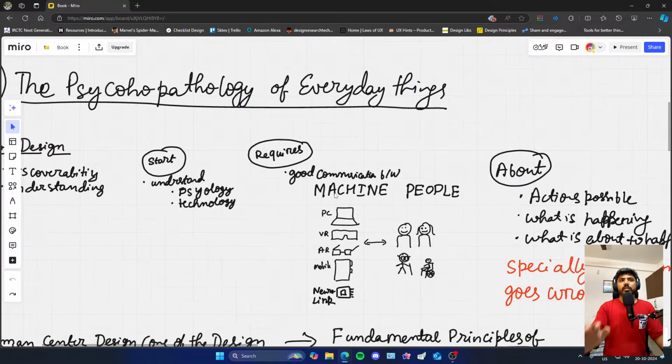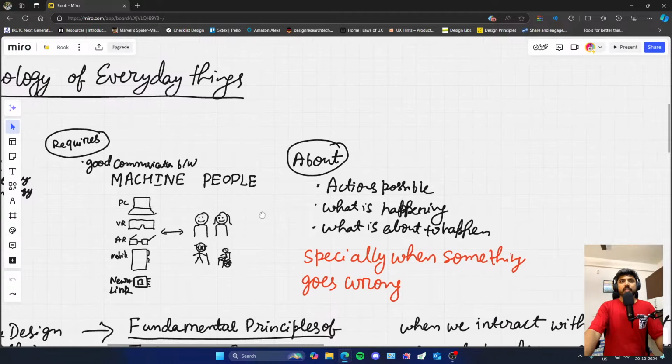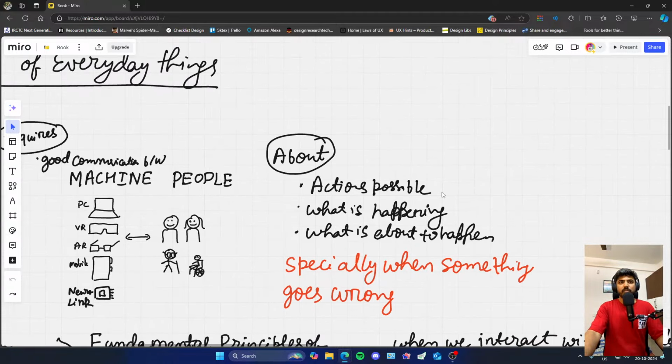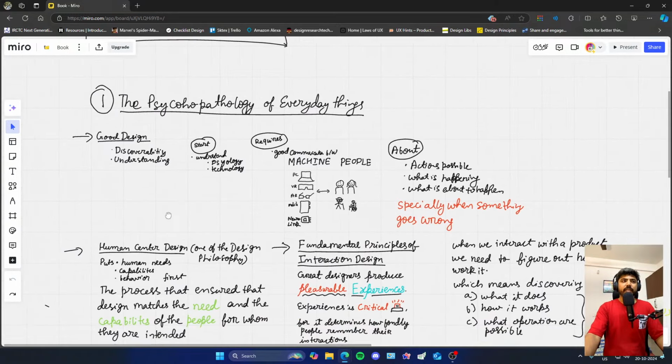There should be good communication between machine and people, and then it can be called a good design. Good design makes actions possible, tells you what is happening and what is about to happen, especially when something is going wrong. So this is good design.